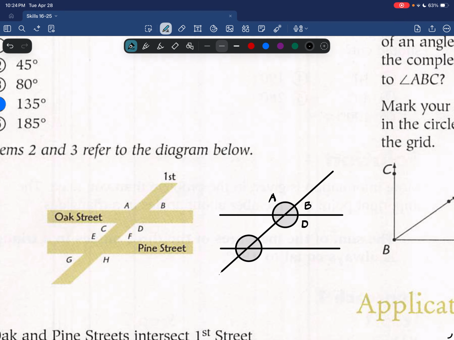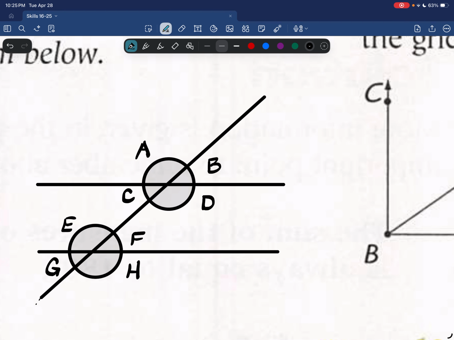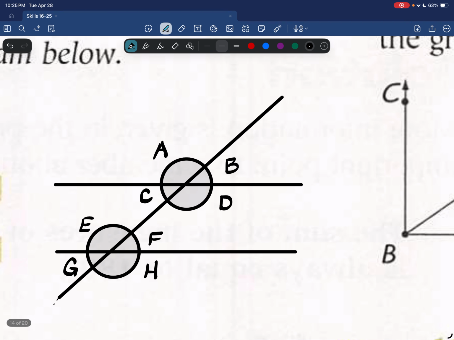Angle D and C. Then I have angle E, angle F, angle G, and angle H. All right, let's focus right here just a minute. If you have some colored pencils or pens, I would encourage you to do this with me. This will help you. If not, just watch carefully what I'm doing. I'm going to shade angle A with green.